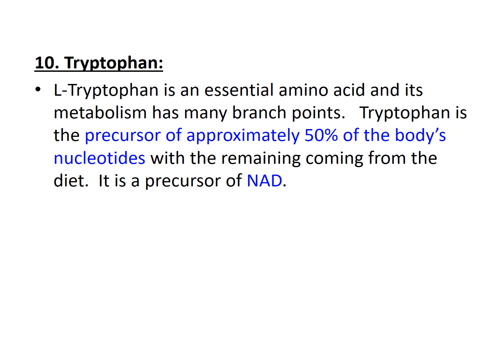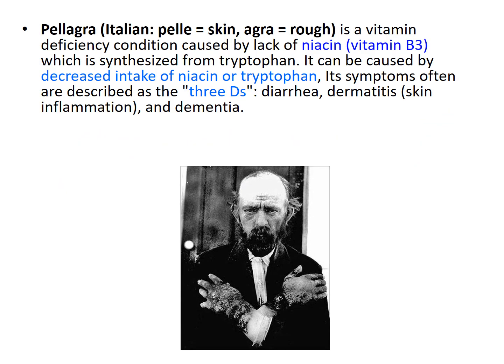Tryptophan is very important in nucleotide synthesis, to produce nucleotide cofactors, including NADH, which comes from niacin, vitamin B3. So what happens when we don't have enough tryptophan?